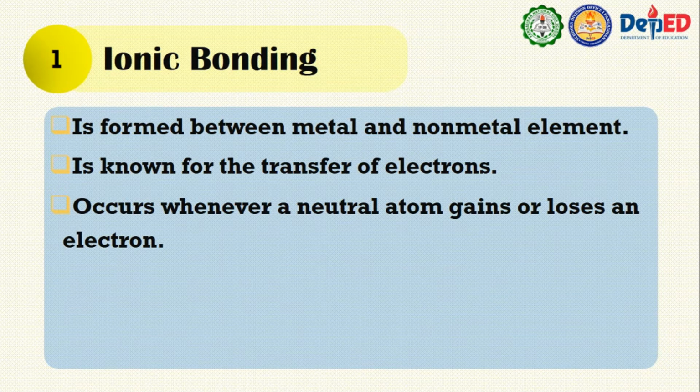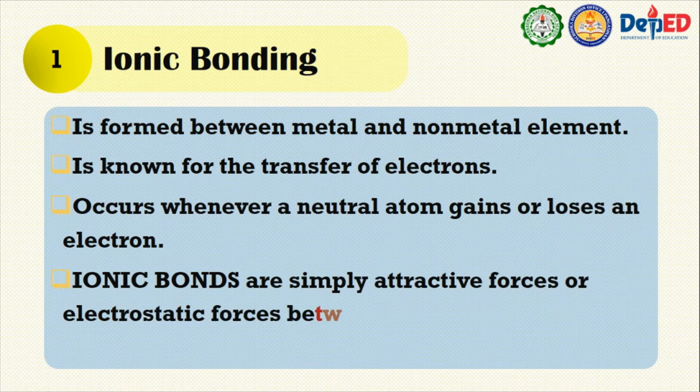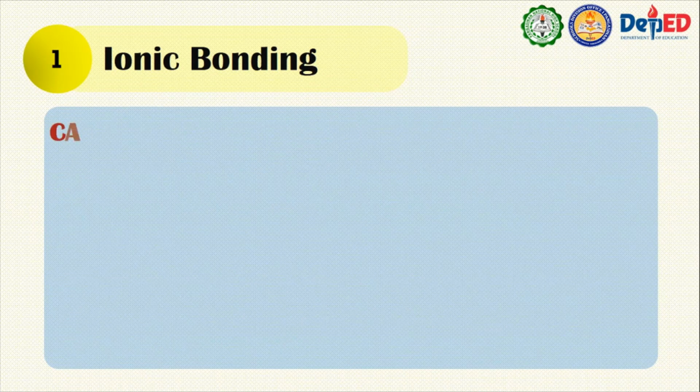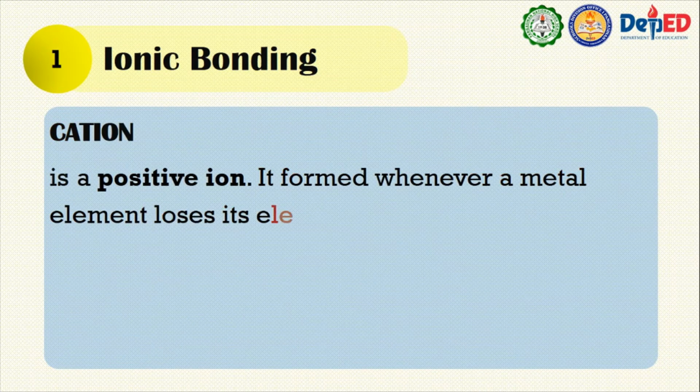So we can simply say that ionic bonds are attractive forces or electrostatic forces between oppositely charged ions. These are cation and anion. The cation is a positive ion.